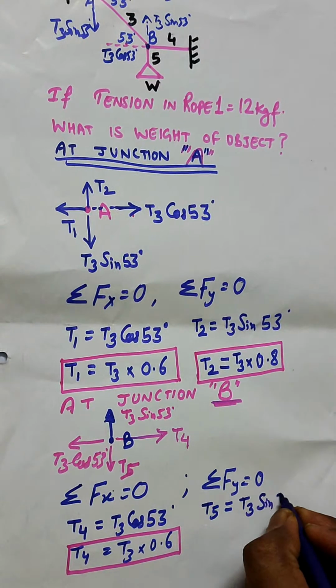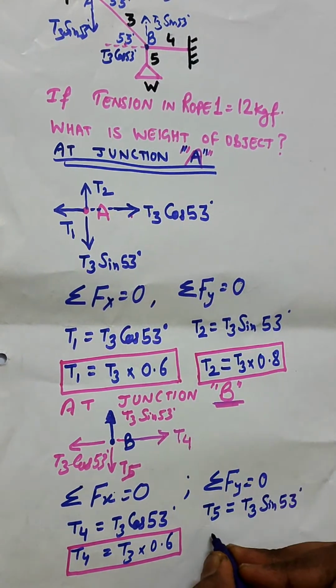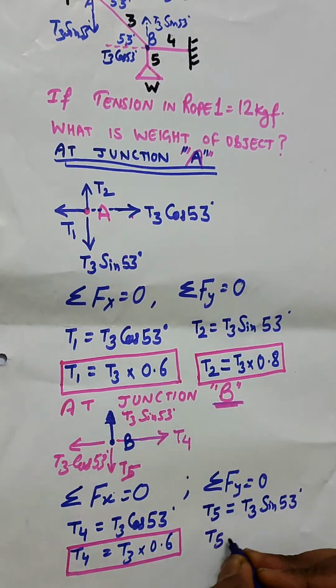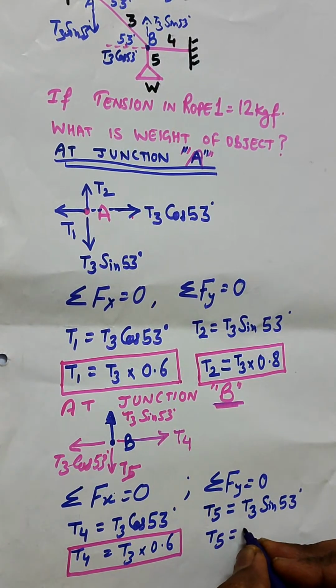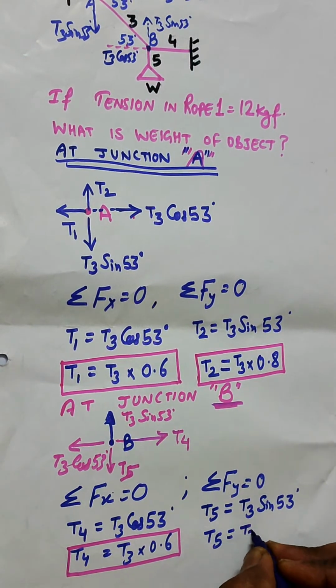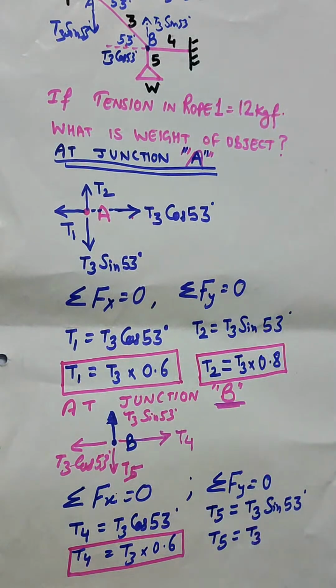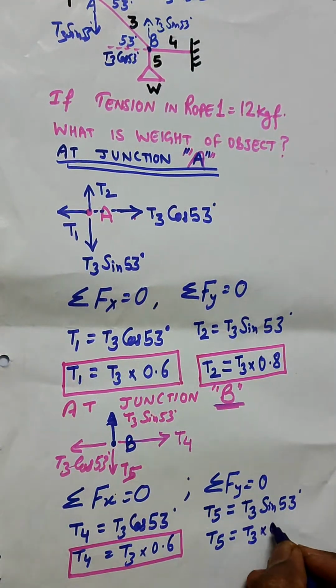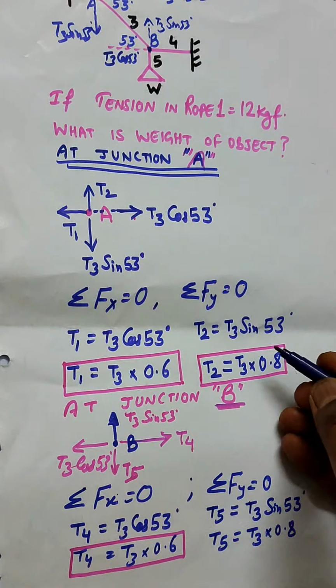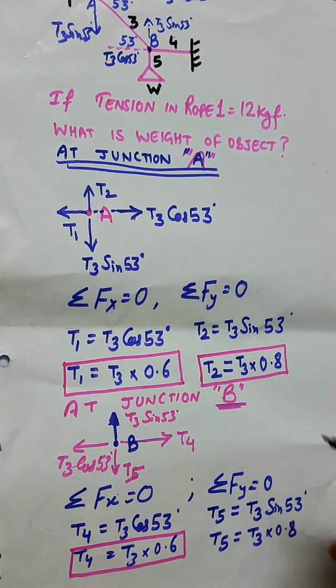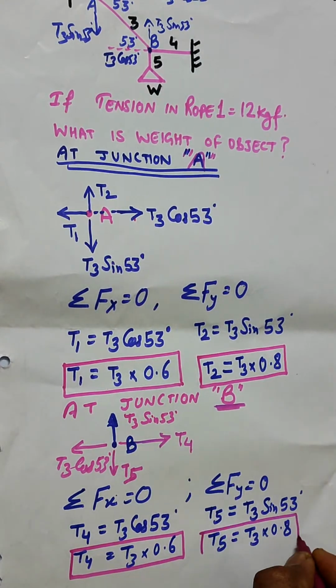So this will give you T5 equal to T3 into 0.8, as sine 53 is 0.8, as we have taken over here. So this is the fourth relation which is derived.